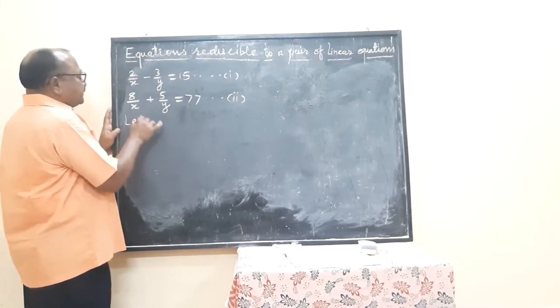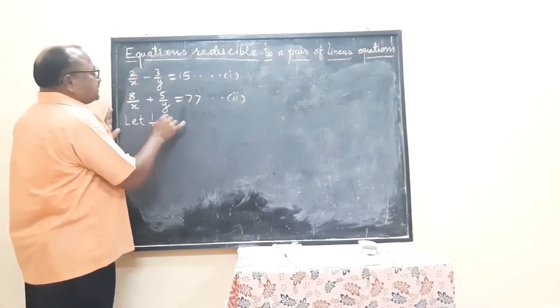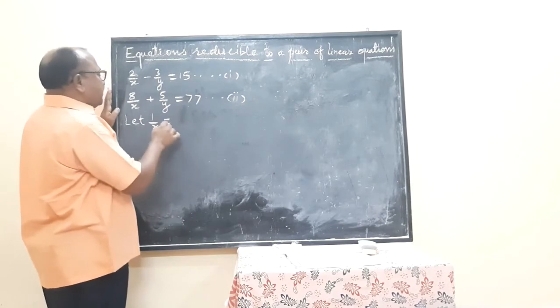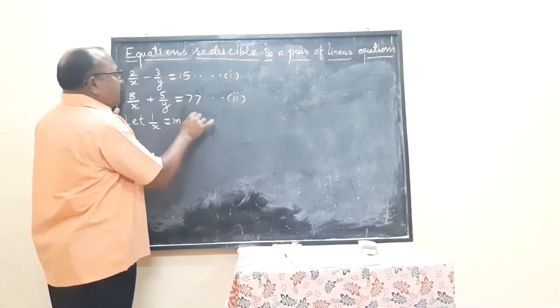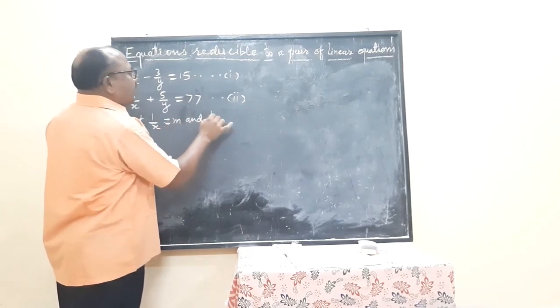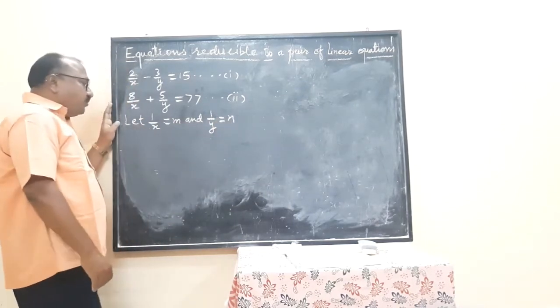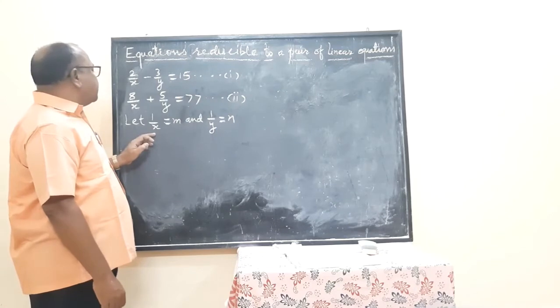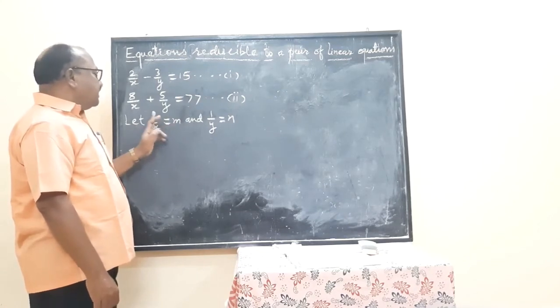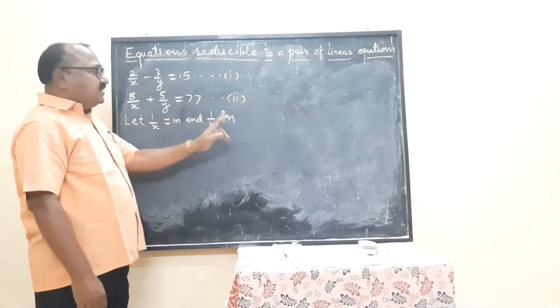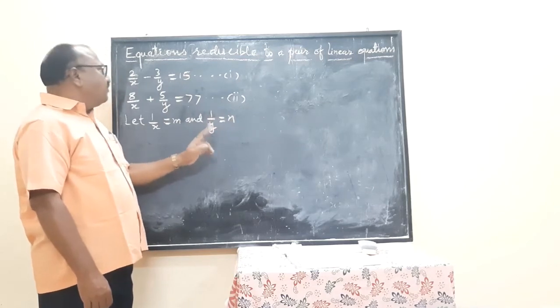Let 1 upon x equal to m and 1 by y equal to n. Means I am going to take m instead of 1 by x and then n instead of 1 upon y.